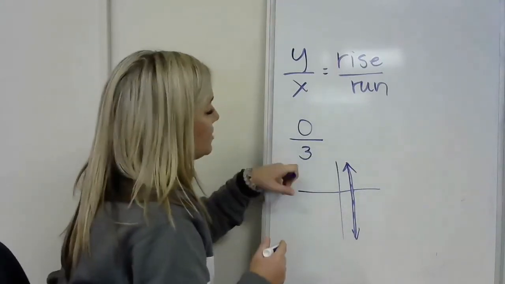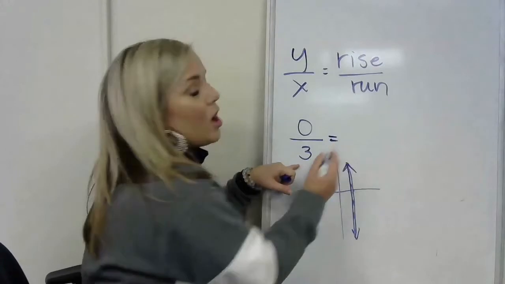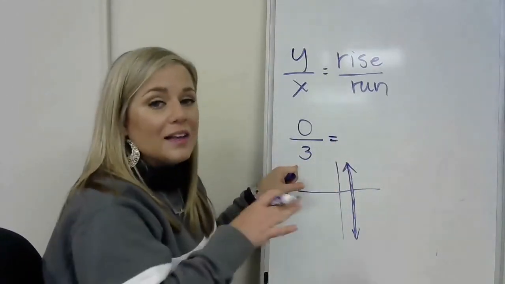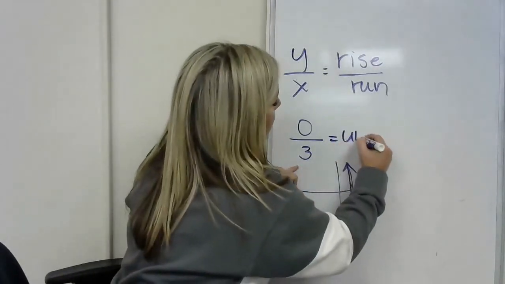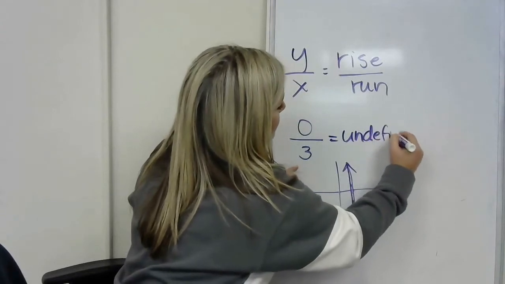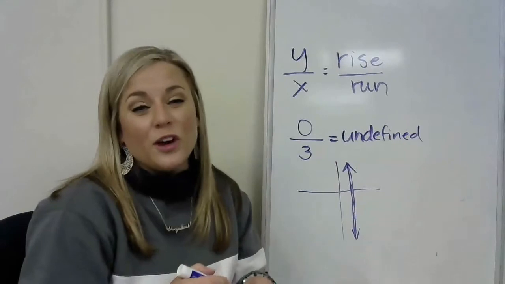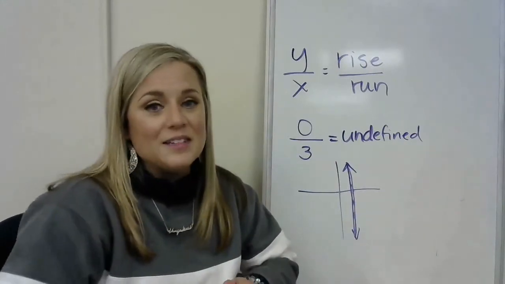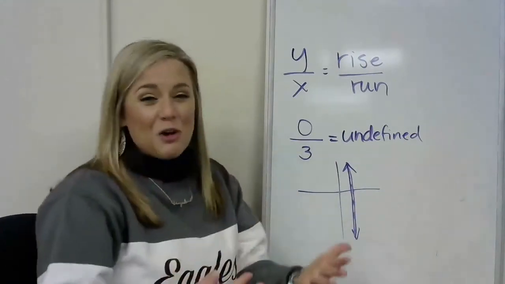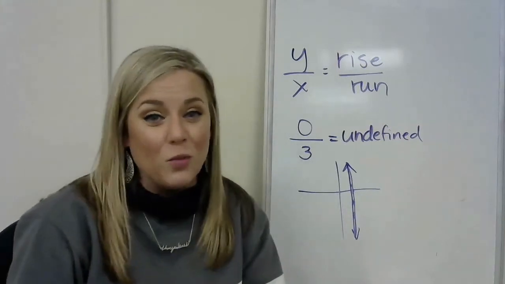It's never going to touch that y-axis. So if it never touches the y-axis, we don't call that slope 0. That slope is considered undefined, okay? It's an undefined slope. So there is a difference. And I don't know of any really cool tricks to remember it.